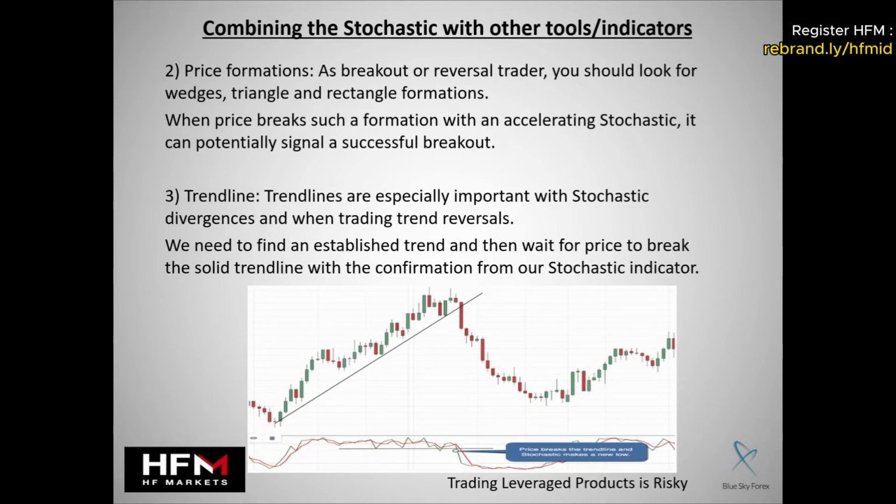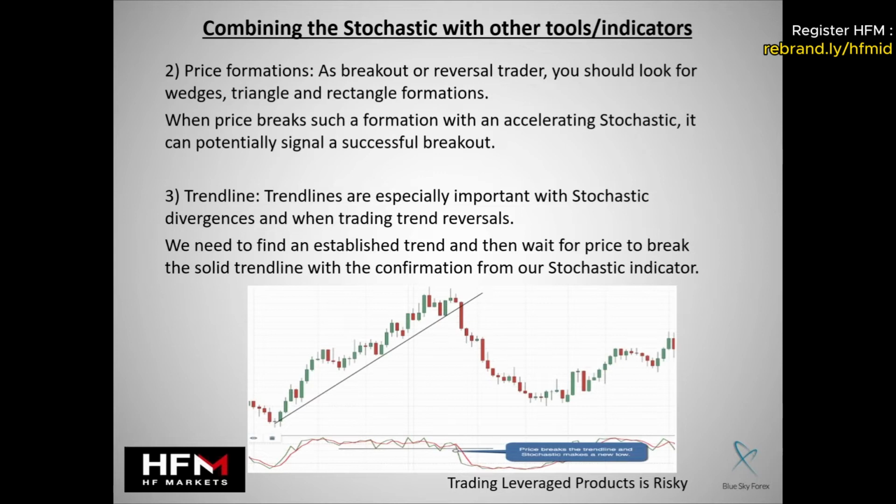All of these price formations, like wedges, triangles and rectangle formations, you can combine with stochastics, trading those formations and using stochastics to help along with it, especially for breakout formations like we showed before.